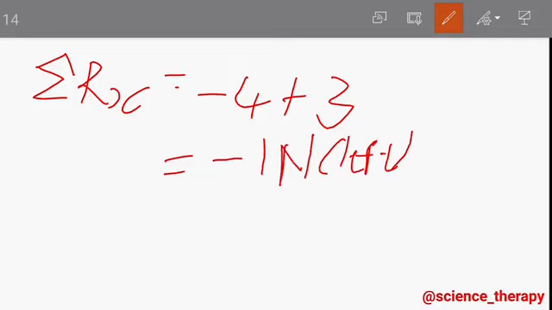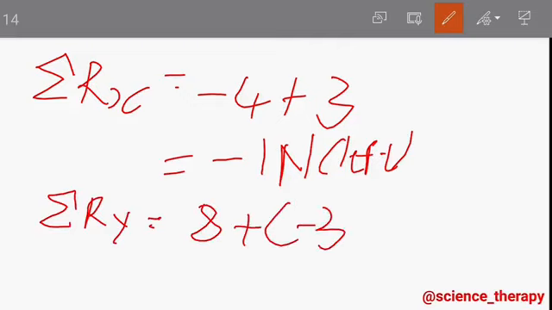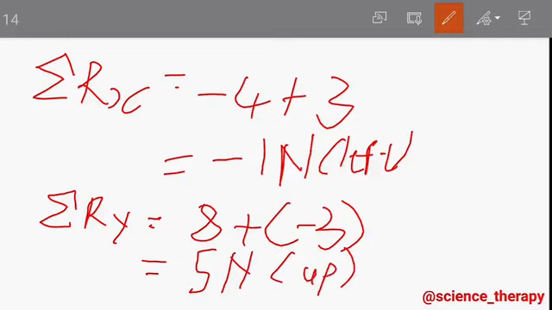Now let's calculate the sum of the vertical. For the sum of the vertical, we have 8 going upward, and then we have negative 3 going downward. So that means we have 5 newtons, and the direction is upward.